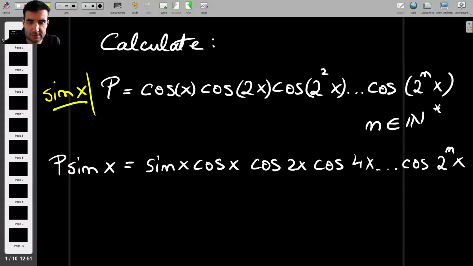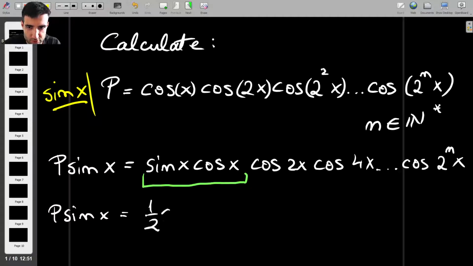When doing this at first, I don't think it's very obvious why this actually gets simpler, but it does, because what you can now do is take those two terms, the sine x and the cosine x, and write them as 1 over 2 sine of 2x.